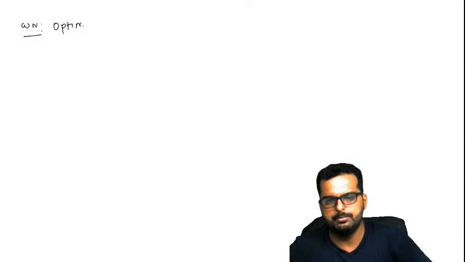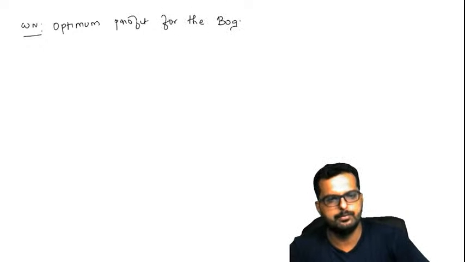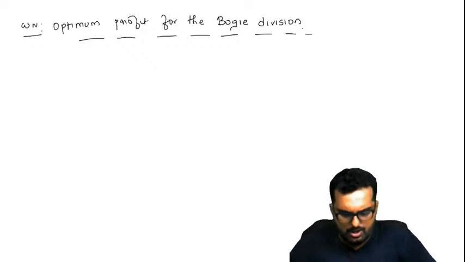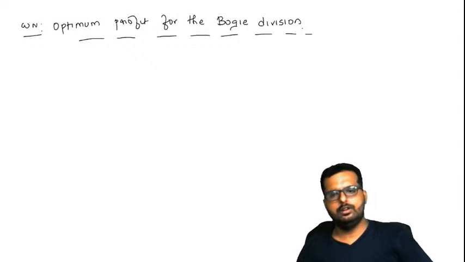So the next working note heading would be optimum profit for the bogie division.